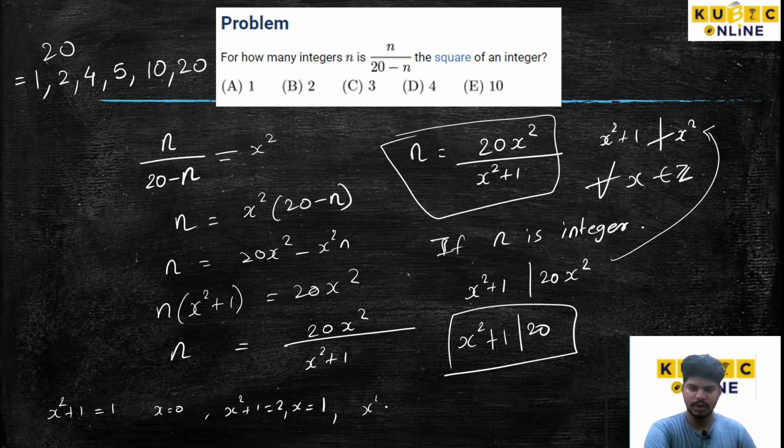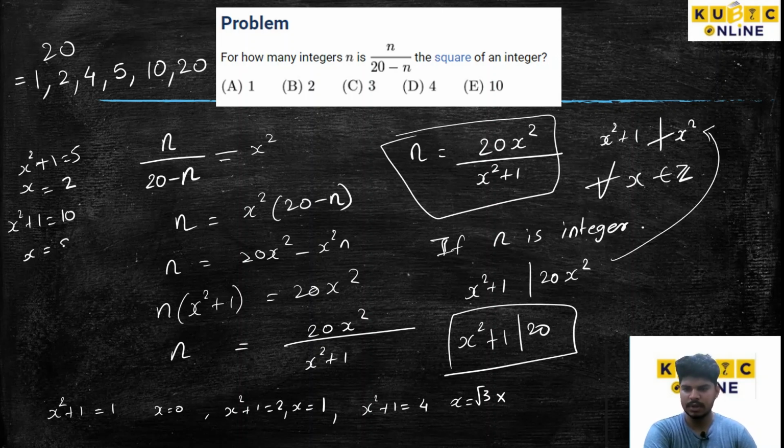Then x square plus 1 is equal to 4, x is equal to root 3, which is not an integer. Then x square plus 1 is equal to 5, x is equal to 2. x square plus 1 is equal to 10, x is equal to 3. And x square plus 1 is equal to 20, x is equal to root 19, which is again not an integer.